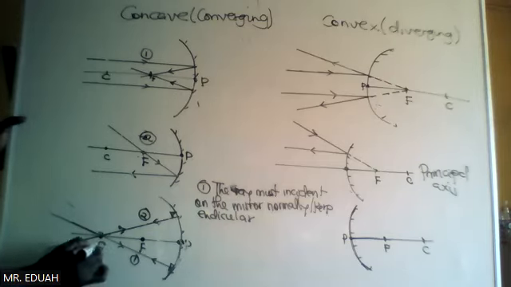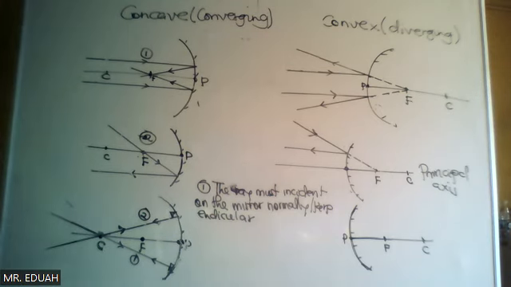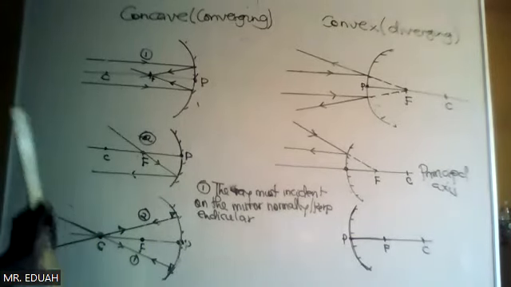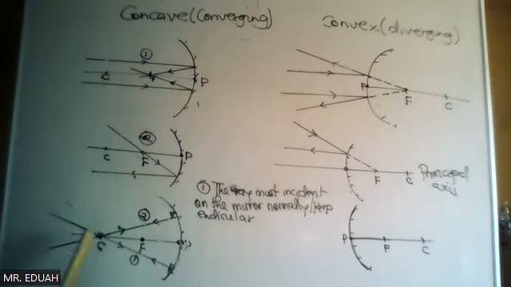And this point is what we call the center of curvature. This point where all rays that incident on the mirror normally or perpendicularly pass after reflection is what we call the center of curvature, C.